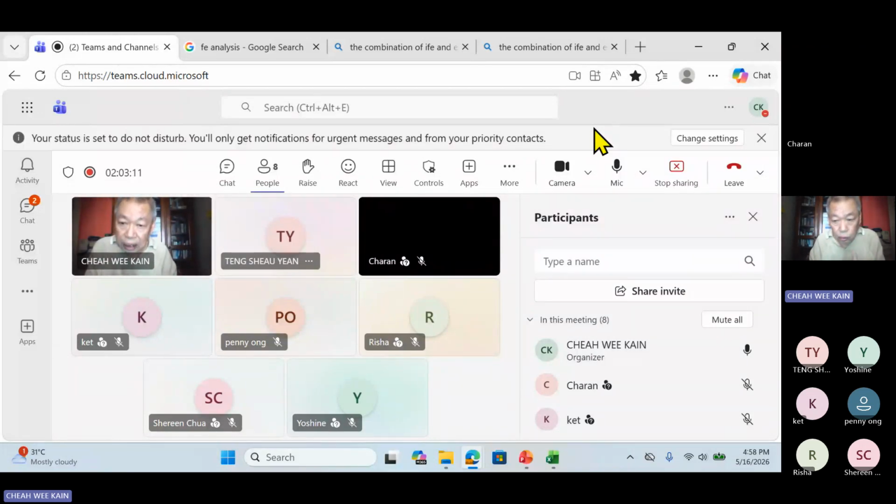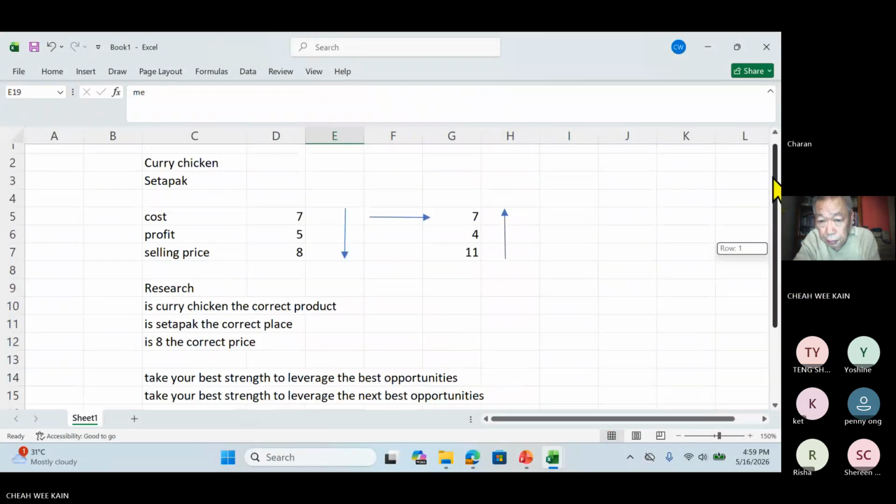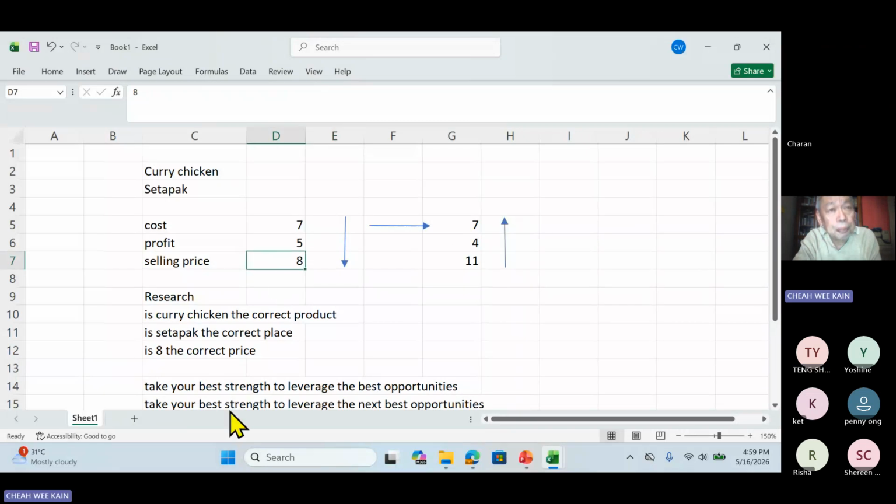So what does Tesla do? Come back to here. The selling price in the market is 7. Tesla wants to sell at 8. BYD is selling at 7 because the market wants 7, and their cost is cheaper.